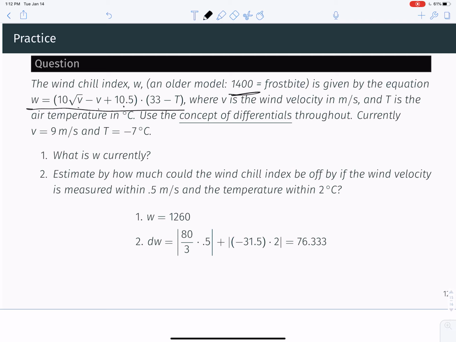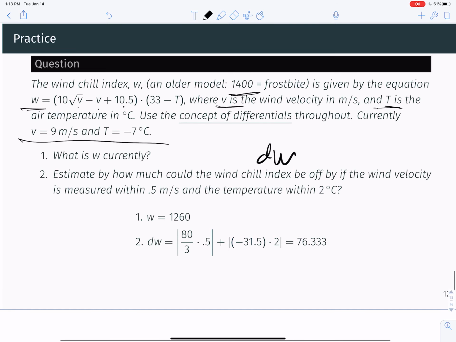They give you the equation for W, and then they tell you V is the velocity, T is the temperature. You're at a particular V and a particular T, and can you figure out what W is, and can you figure out what dW is? If you can, then you should be able to do this problem. And I've got the answers down here so you can check your work, but make sure you know what you're doing as well.